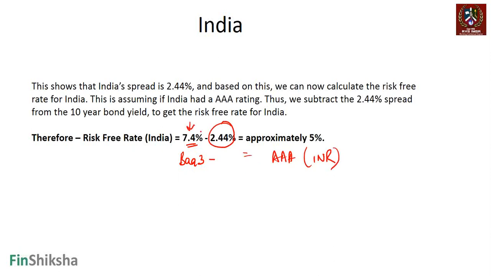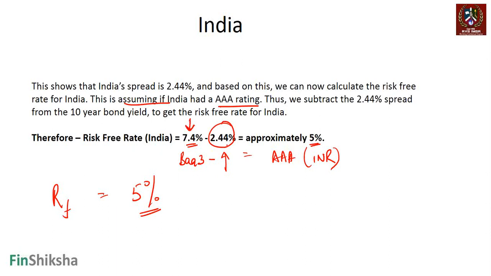So 7.4% minus this 2.44 is going to give me approximately 5%, and that's the RF for our calculation, approximately 5%. So this is assuming that if the Indian government was AAA rated, you are going to have a yield, whereas currently the bond yield is 7.4%.